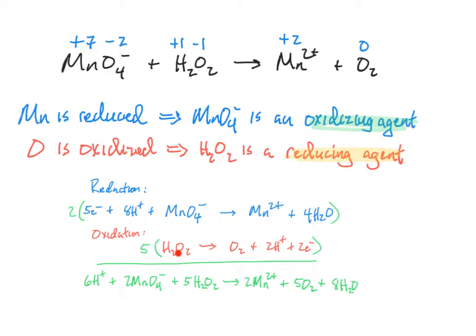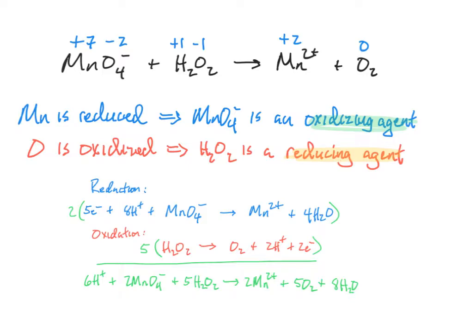So the O goes from -1 here to 0, so it's being oxidized. That means it's giving off electrons. So it can then say, okay, here are some electrons, I'm going to go give them to something else, I'm going to reduce that something else.